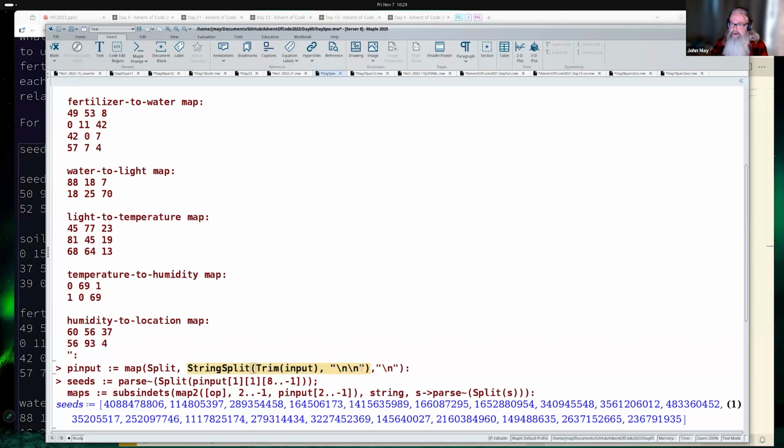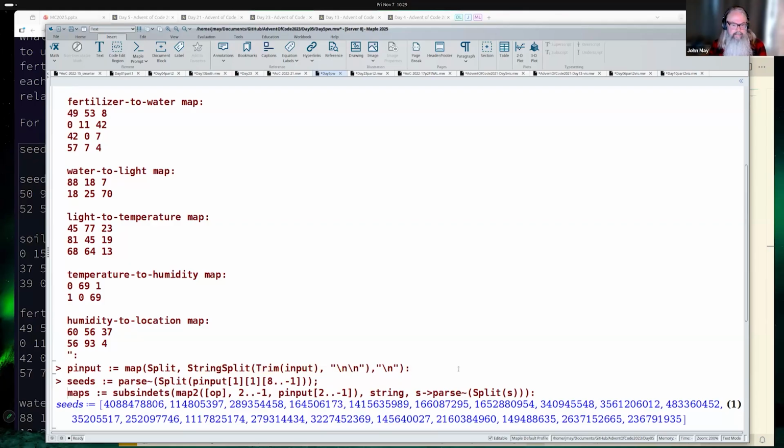So if I first use string split on 2 line breaks, that splits each of these things into a separate string. And then I can go through and parse each of them separately.